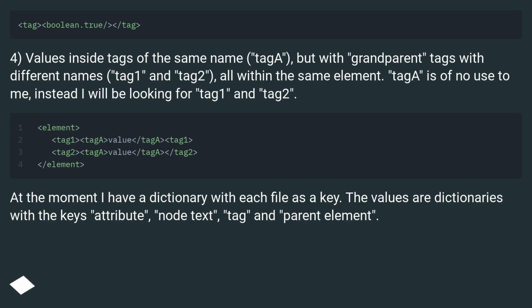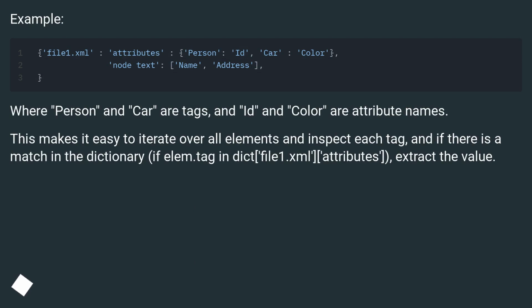At the moment I have a dictionary with each file as a key. The values are dictionaries with the keys attribute, node text, tag and parent element. Example. Where person and car are tags, and id and color are attribute names.